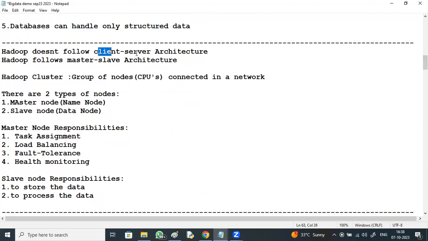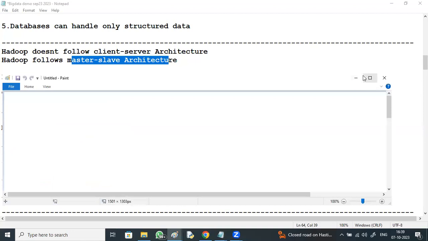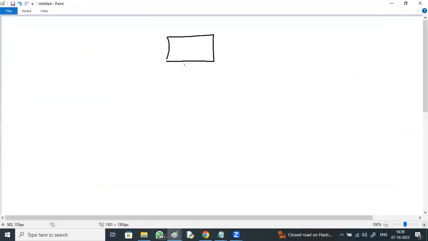Hadoop doesn't follow client-server architecture. Hadoop follows master-slave architecture. Single master, multiple slaves. For example, this is the master node, these are the slave nodes.